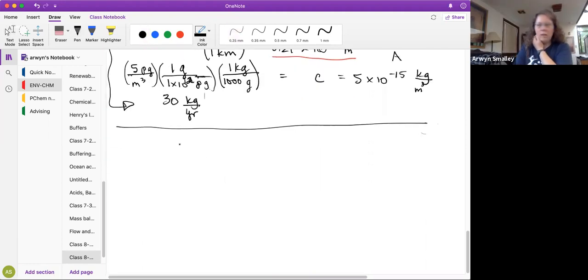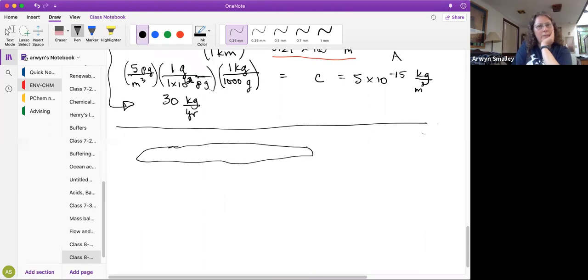Okay, so in the description for how we set up this problem, we said we've got the lake surface, and it has a certain area, and that area was 25,700 square kilometers.